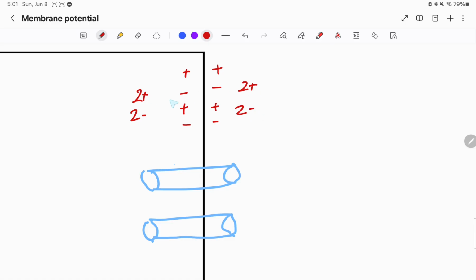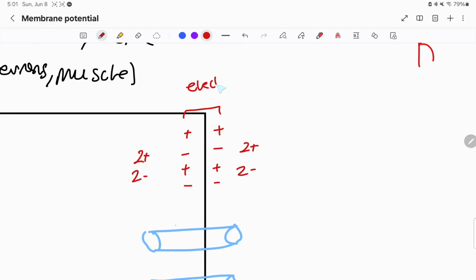There is no membrane potential. The charges might be on either side of the membrane, but they're not separated. These areas are currently electrically neutral, meaning there is no net difference between them. Because we said a membrane potential is a difference in charges.